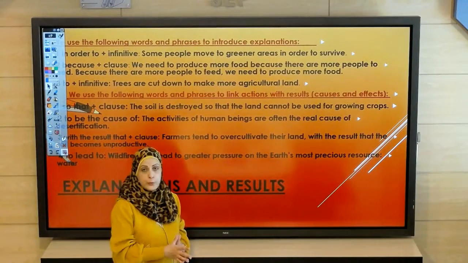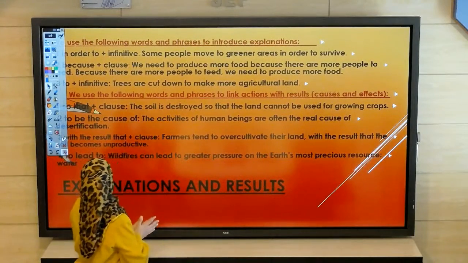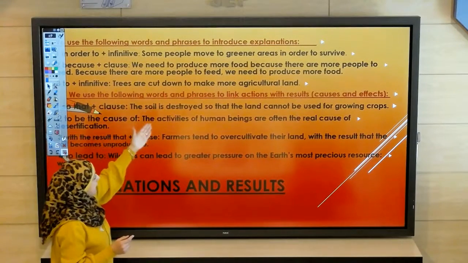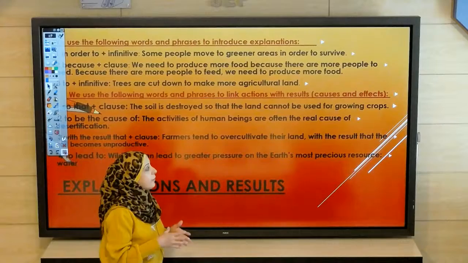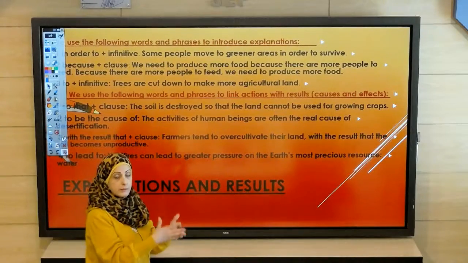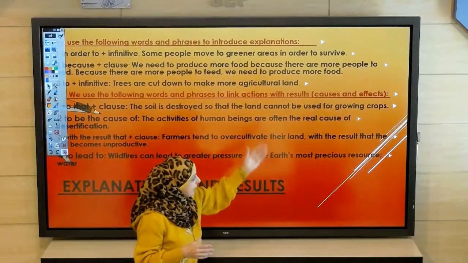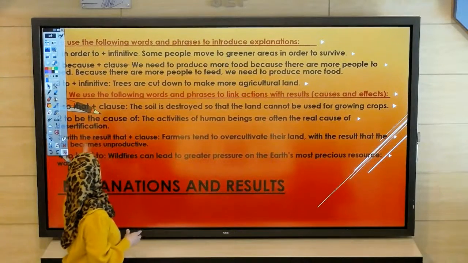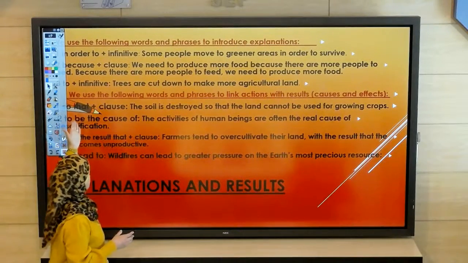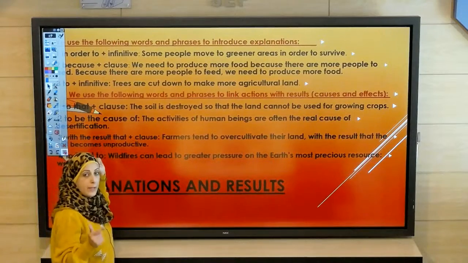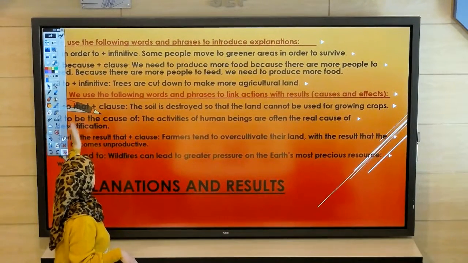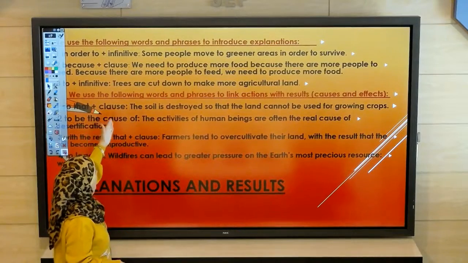Now, we use the following words and phrases to link actions with results. Results, okay? Causes and effects. Now, let's see. Number 1, so that. After it comes clause.